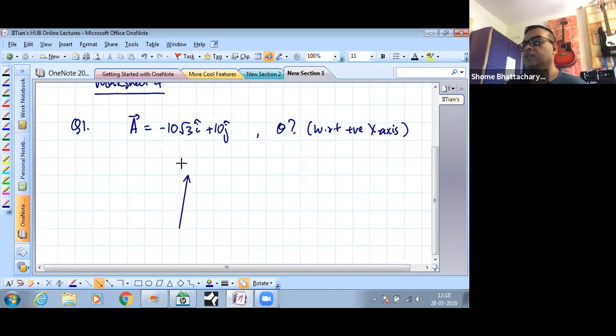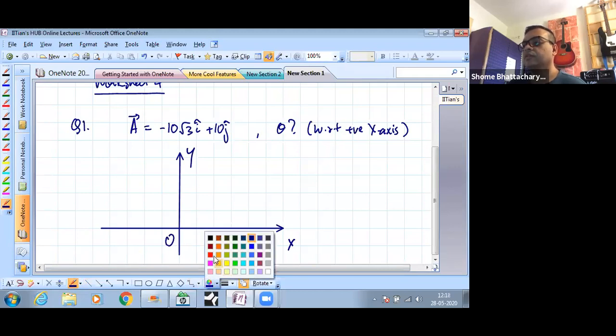So let's understand how to solve this question. So this is our xy plane. You can see that in this, vector A will have a negative x component and a positive y component.